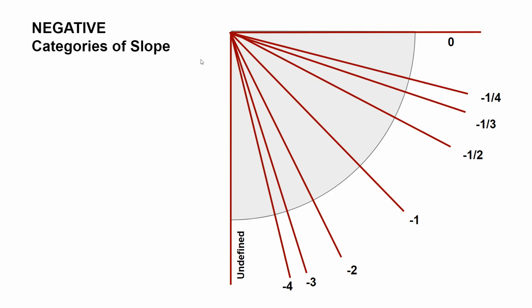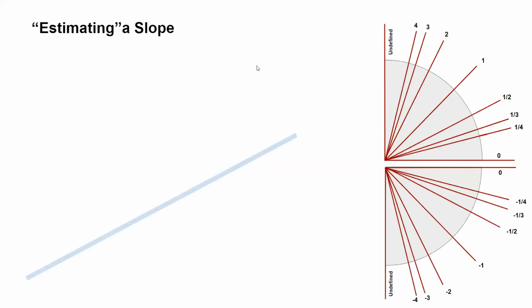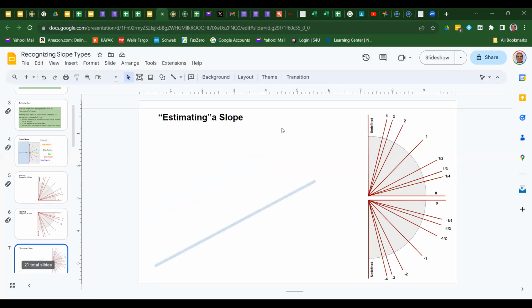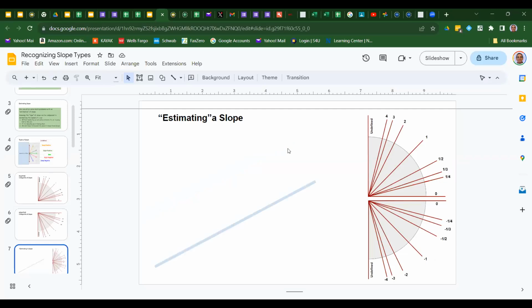Now I'm going to go through a few examples of trying to actually apply this gauge. I'm going to jump out of my slideshow now so that I can apply one of these gauges. And we have this light blue line here, and we're trying to estimate what the slope of that is.